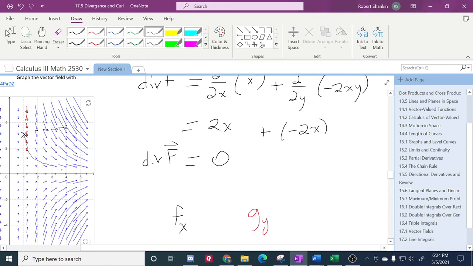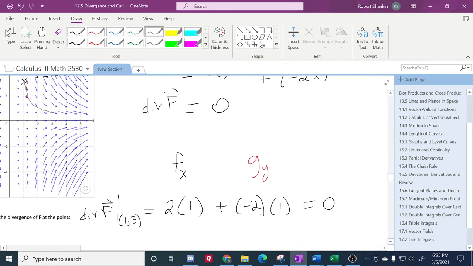And I'd be getting longer and longer vectors. As far as x goes, yes, I'm getting longer and longer. But as far as y goes, I'm getting shorter and shorter as I go. And those two neutralize each other out, and I have a total divergence of 0.